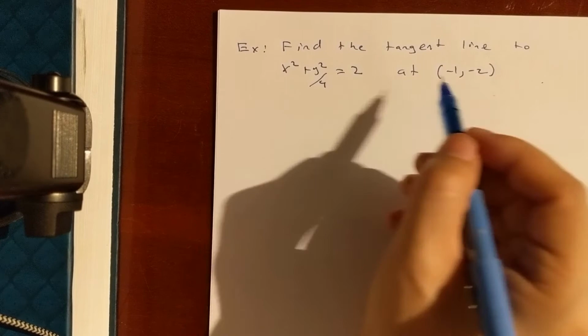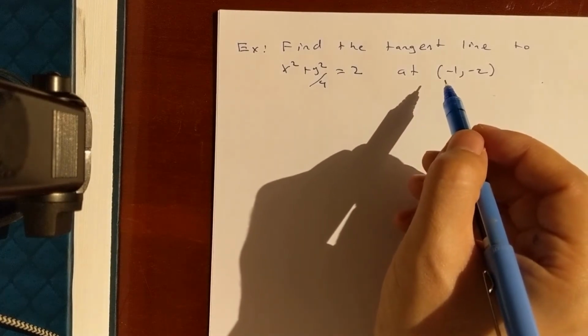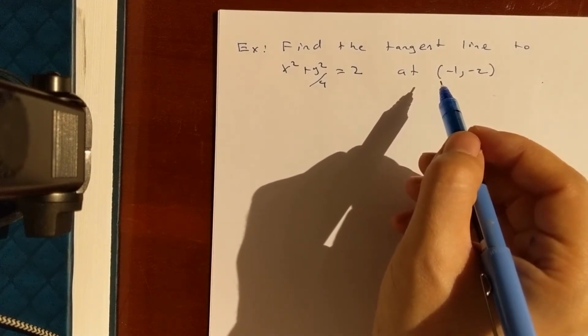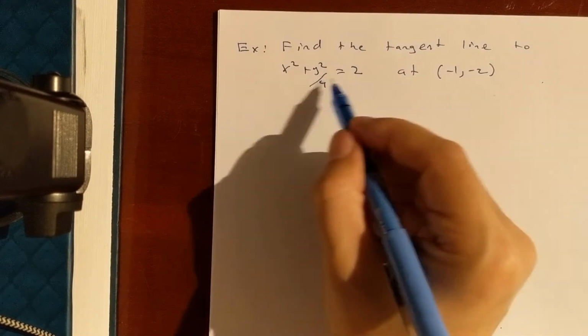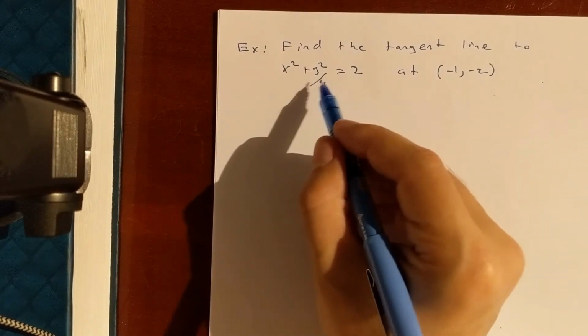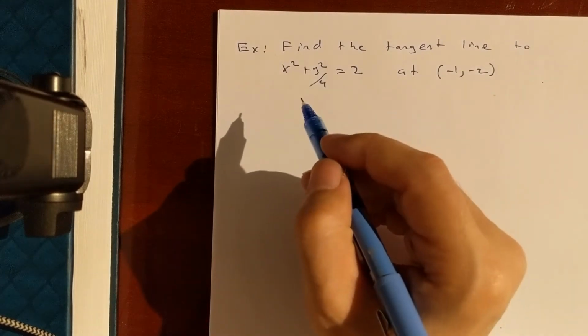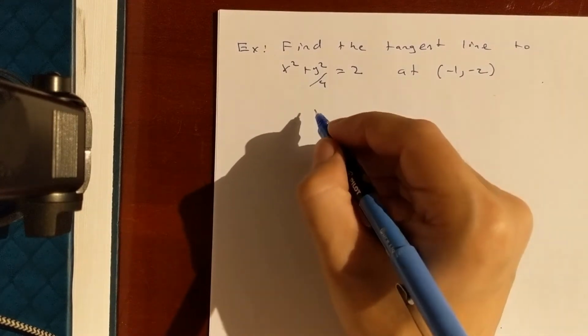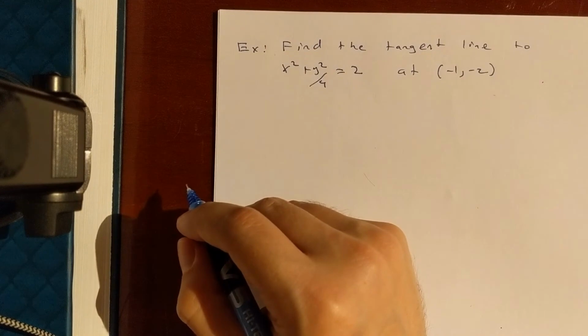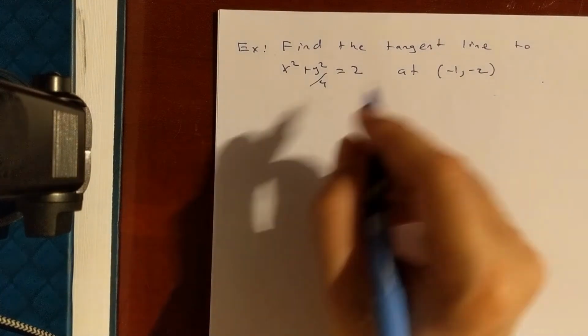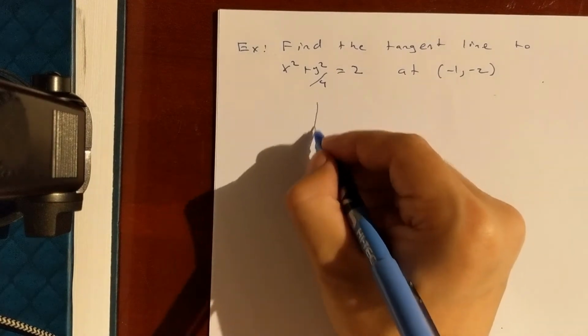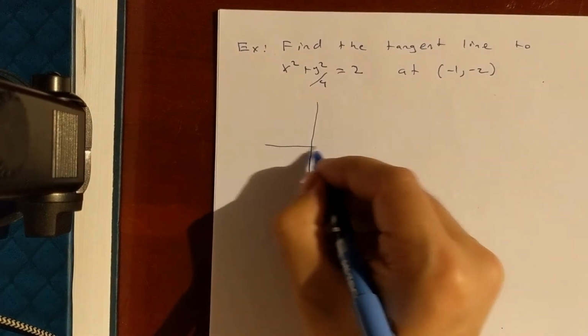Okay, so I want to find the gradient and the tangent line. So this is going to be an ellipse, right? Actually, it's going to be much easier if we write this, or let's keep it like this. Okay, so it's going to be some sort of ellipse.